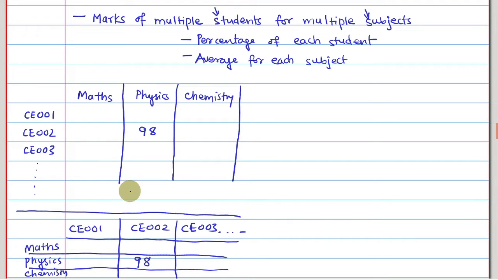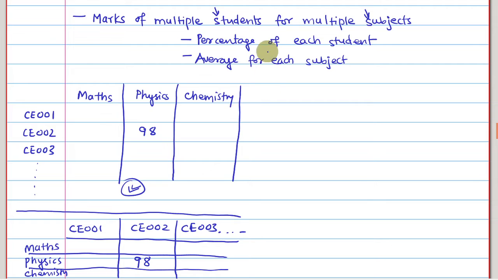But most of the time we represent this kind of data using the first table, where each row represents one student and each column represents a subject. In programming, you can definitely use the second approach as well, but we will stick with the first one.